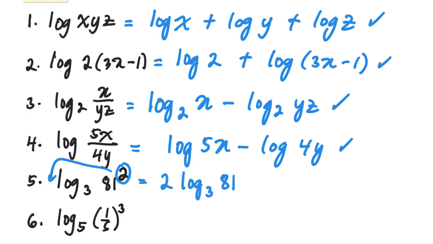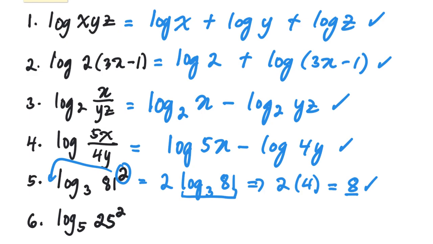Now we can still simplify this one. The logarithm base 3 of 81 is going to give you 2 times 4. Where did I get 4? I simplified this one, because 3 raised to 4 is equal to 81. Therefore, log base 3 of 81 is equal to 4, and we're just going to multiply that, and this is going to give you 8.